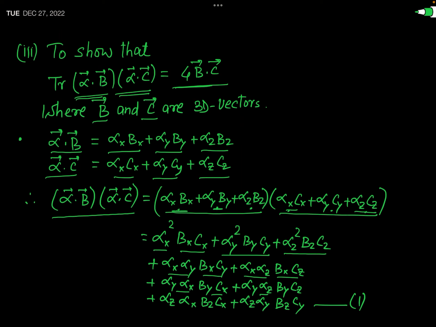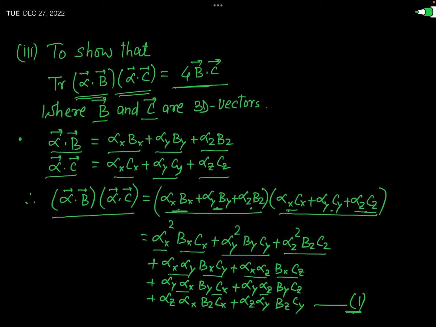This is very easy. I am speaking all those steps, but that is not necessary. You can easily find the product. So after multiplying these two factors, our result is as you can see in this equation 1.